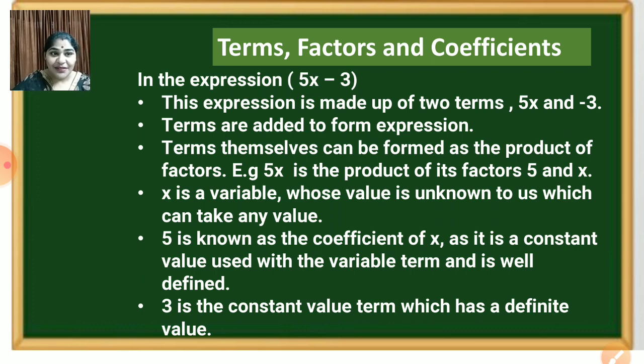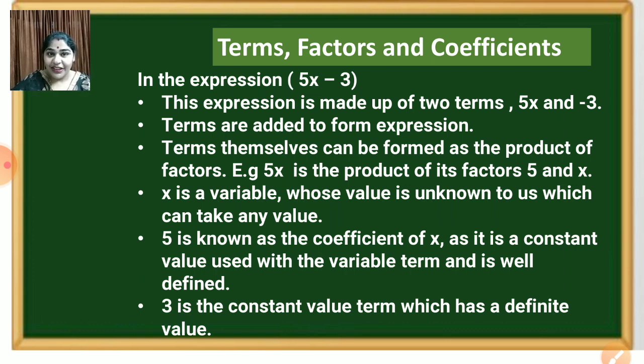For example, 5x is the product of 5 and x, and 3 is a product of 3 and negative 1. x is a variable whose value is unknown to us and can take any value. 5 is known as the coefficient of x, as it is a constant value used with the variable term and is well defined. 3 is the constant term, which has a definite value.